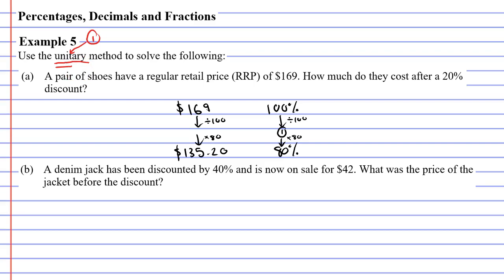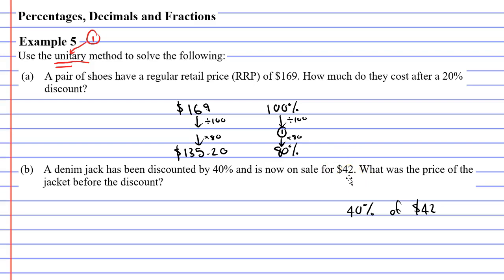What I'm going to do is quickly show you what some people do that's wrong. They quite often go, all right, it's being discounted by 40%, so I need to find what 40% is. And they try to find 40% of $42 because that's the only amount that they can see there. But that's an issue because the $42 is not the original amount.